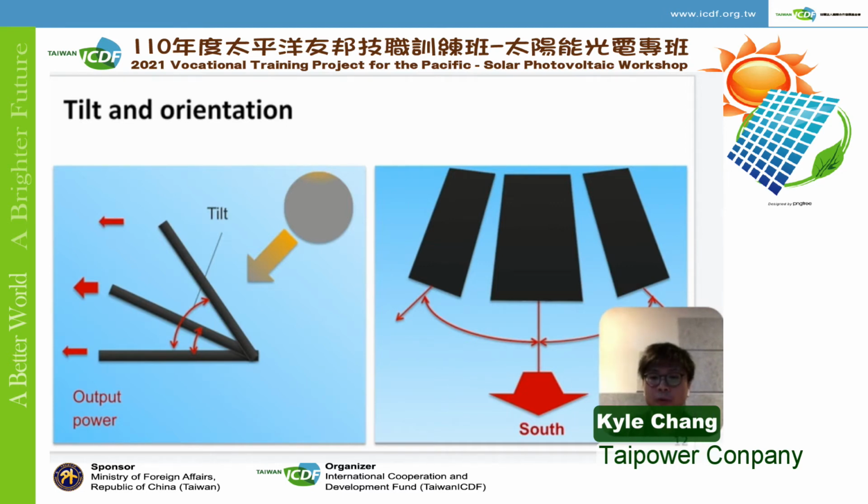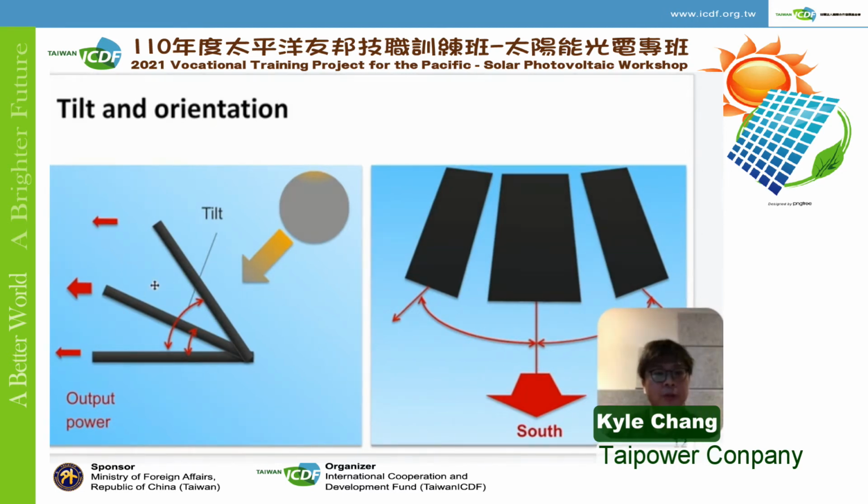The tilt is a degree of freedom that defines the elevation or pitch of a solar module with respect to the horizontal. And orientation is a degree of freedom that defines the azimuth of the module with respect to the position, which in this case is geographic south.